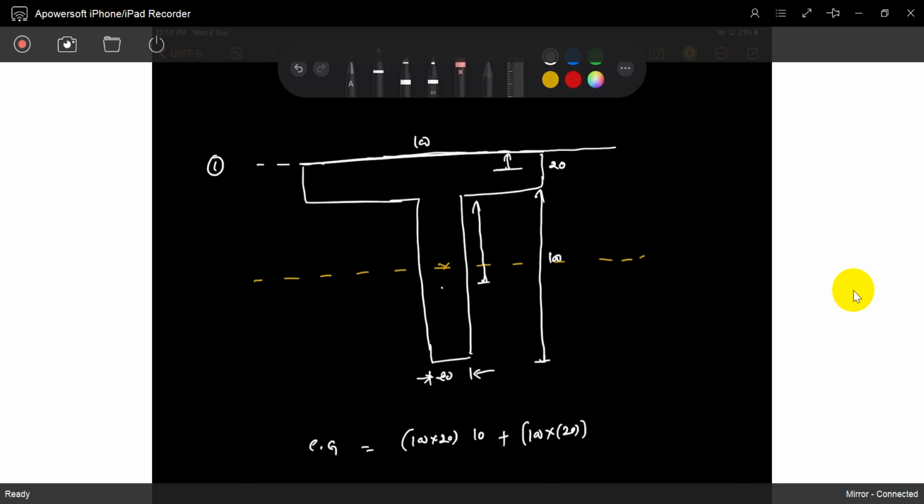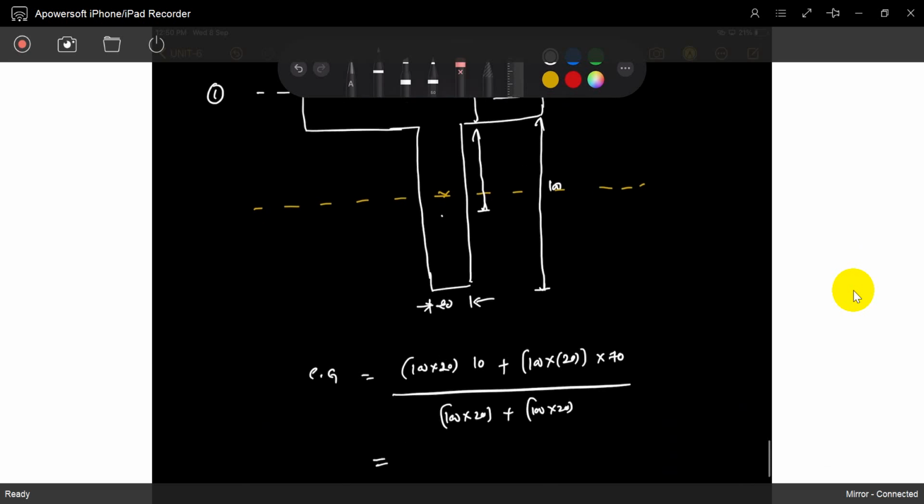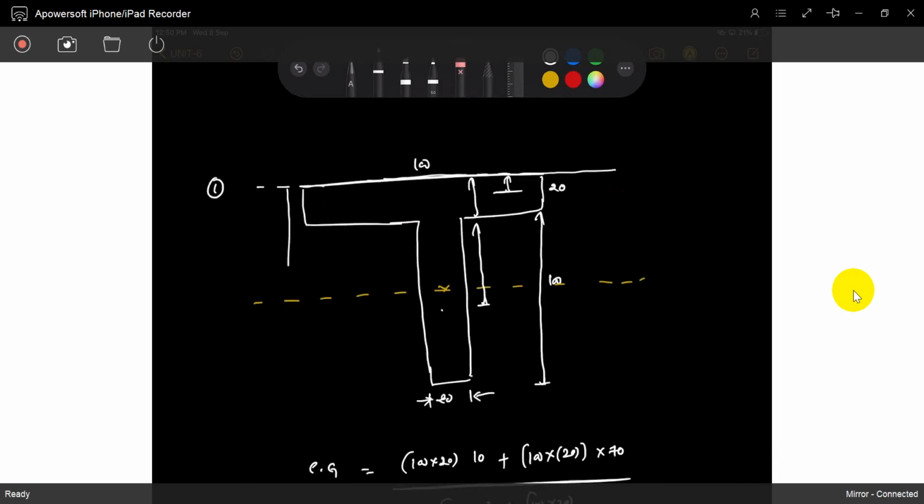By this line it will come as 50 plus 20, it's 70, divided by the total area. You get the CG. So what is that CG? That CG is 40. So 120, this is 80. This is 80.